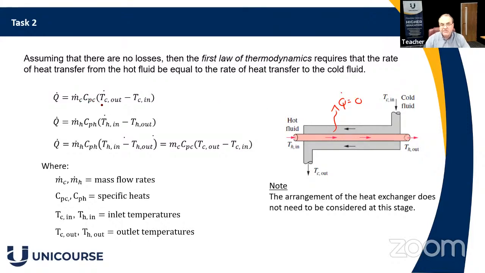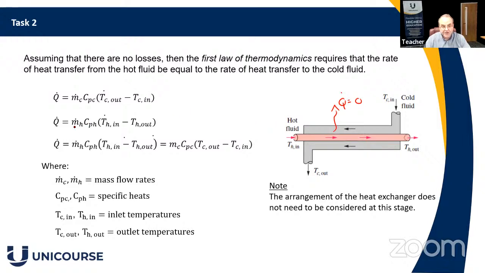So if we look at the energy gained by the cold fluid, it's simply Q equals the mass flow of the cold fluid times its specific heat times the temperature difference, the cold fluid out minus the cold fluid in. That will give you the heat transfer rate Q. Now we've said the first law of thermodynamics requires that the heat transfer from the hot fluid to the cold fluid must be the same.